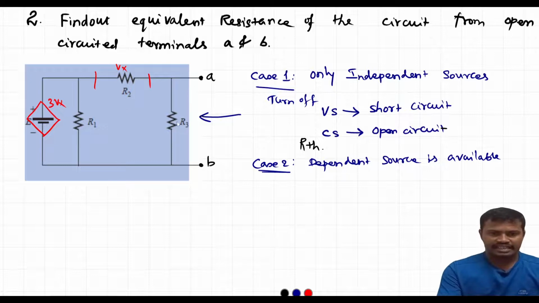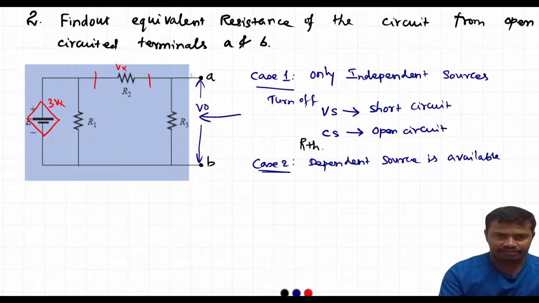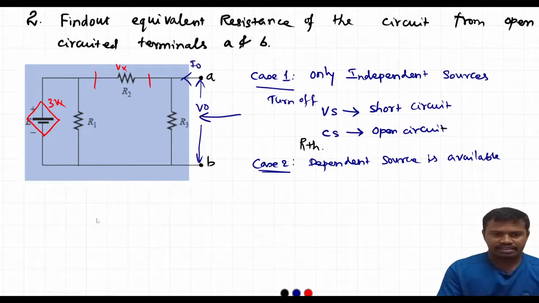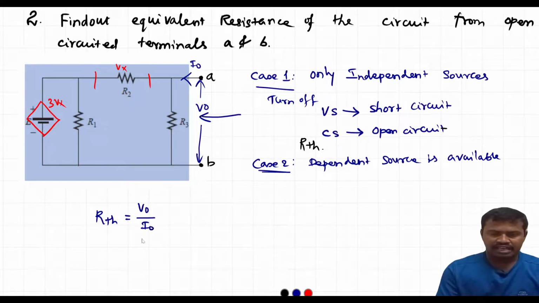So in such cases we need to inject a voltage V0 at the terminals A and B, then we can find the value of I0. From these two parameters we can calculate the Thevenin's equivalent resistance RTH, that is V0 by I0.